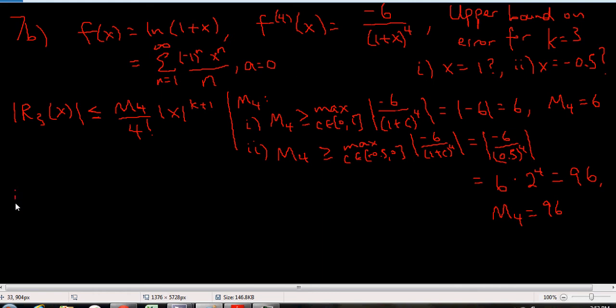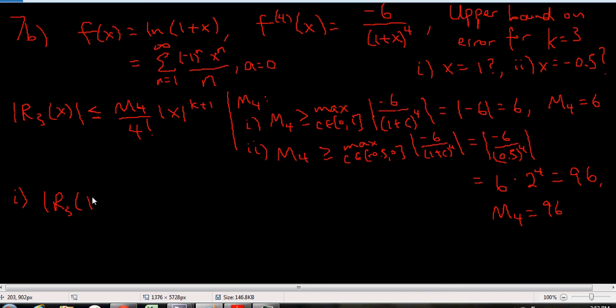So for part 1, R3 of x is less than or equal to M4. I've picked 6, so it's over 4 factorial times x, well, that's 1. X is 1, right? So x is 1 in this question. I should have probably gone back here, and I'll just write 1.